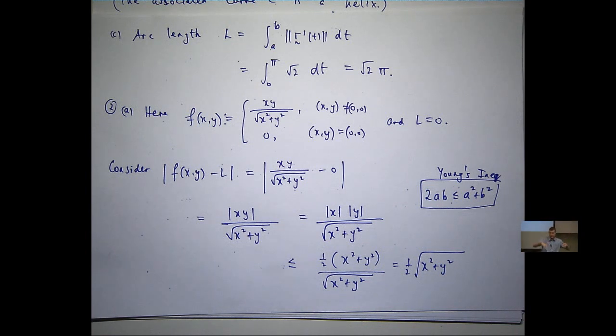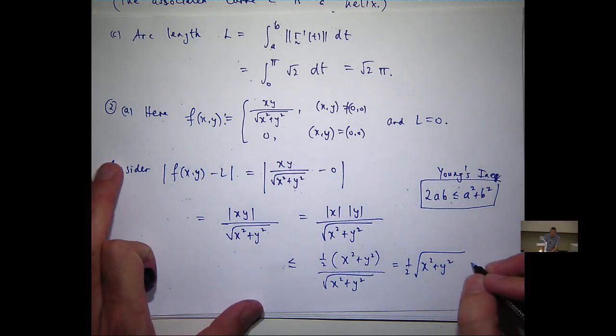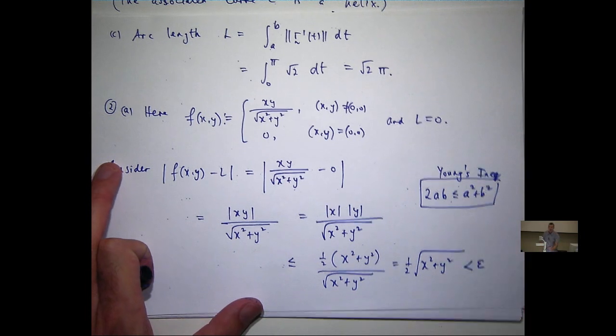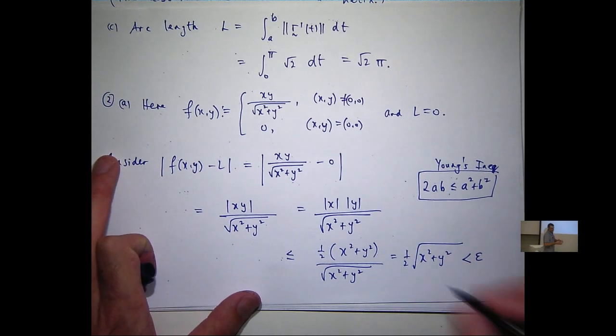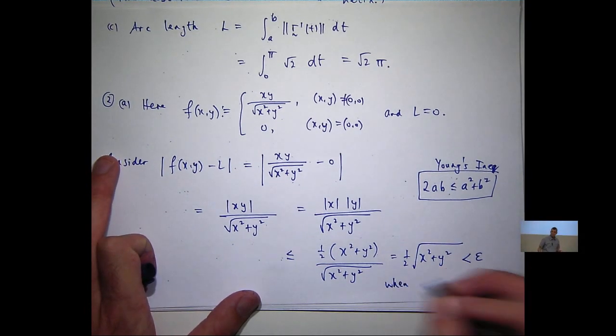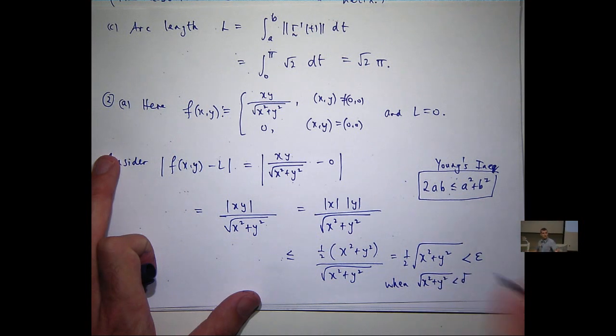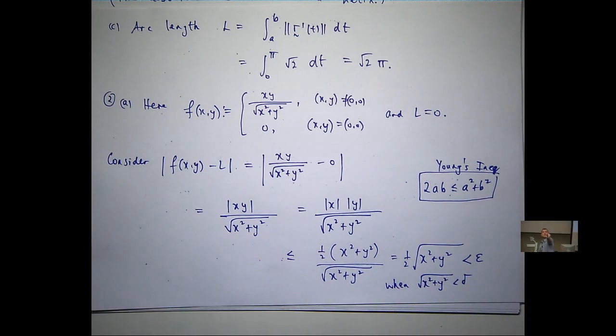So what do I have to do now? Well, I want to choose some sort of delta, right? So this will be less than epsilon when root x squared plus y squared is less than delta. For what choice of delta?